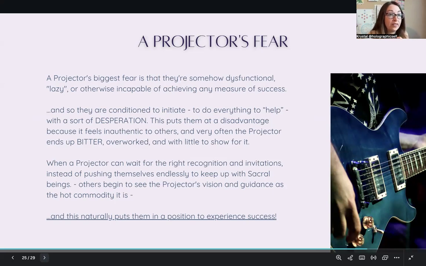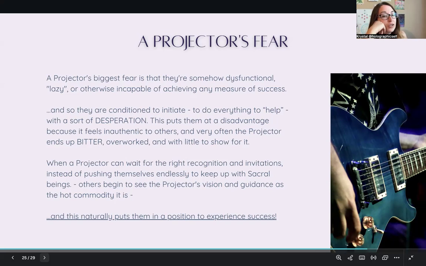Maybe they're overfunctioning, doing too much, inserting themselves for guidance when it wasn't asked for. Perhaps it comes off as know-it-all energy, or maybe it's not well received.